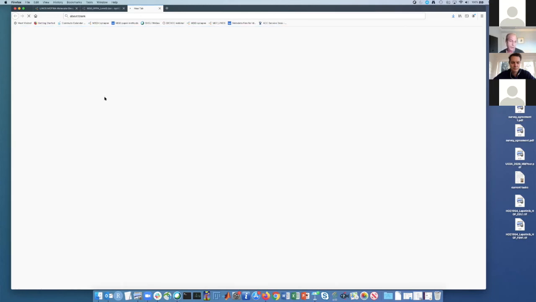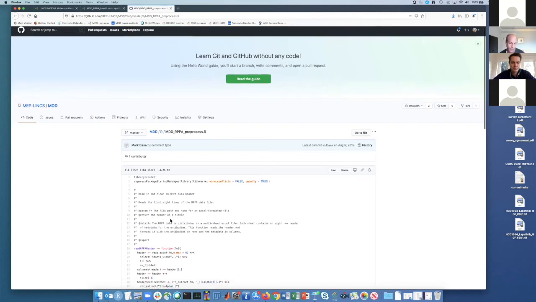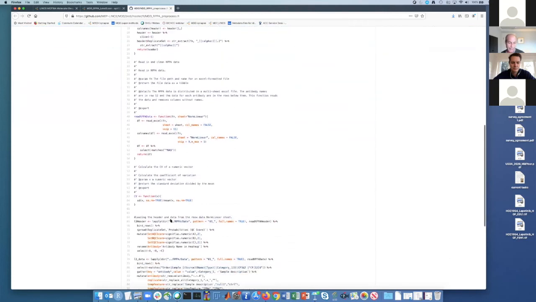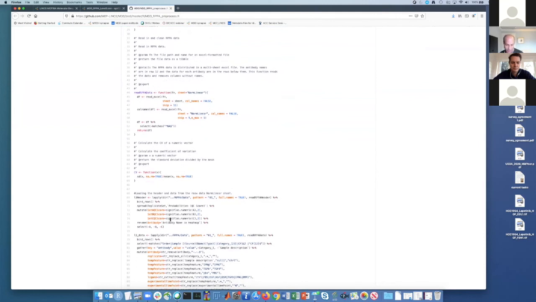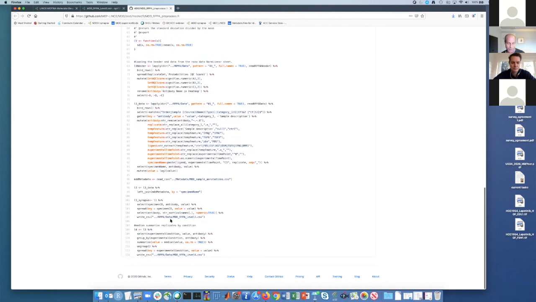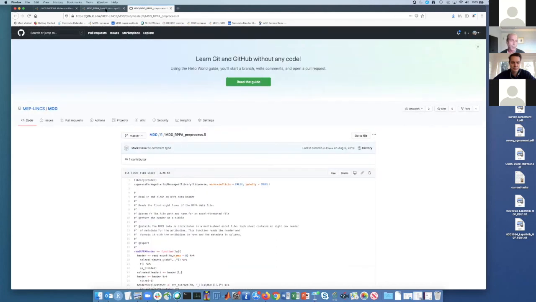And then here's a link to the GitHub repo that has the code. In this case, it's a script written in R called MBD RPPA preprocess. And it goes through and marries the data and the metadata and does a little bit of renaming in order to get a clean CSV file to work with.